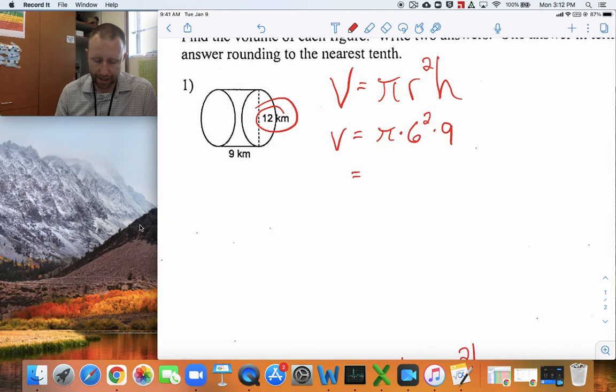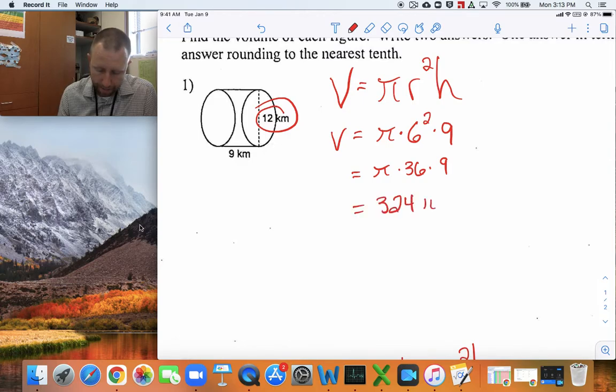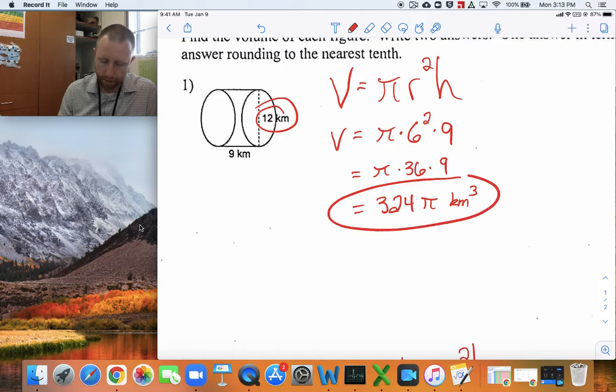So I write this out again. I have pi times 36 times 9. And when I use my calculator, 36 times 9, I get 324 pi. I keep pi on my answer, and that is in kilometers cubed, or cubic kilometers.